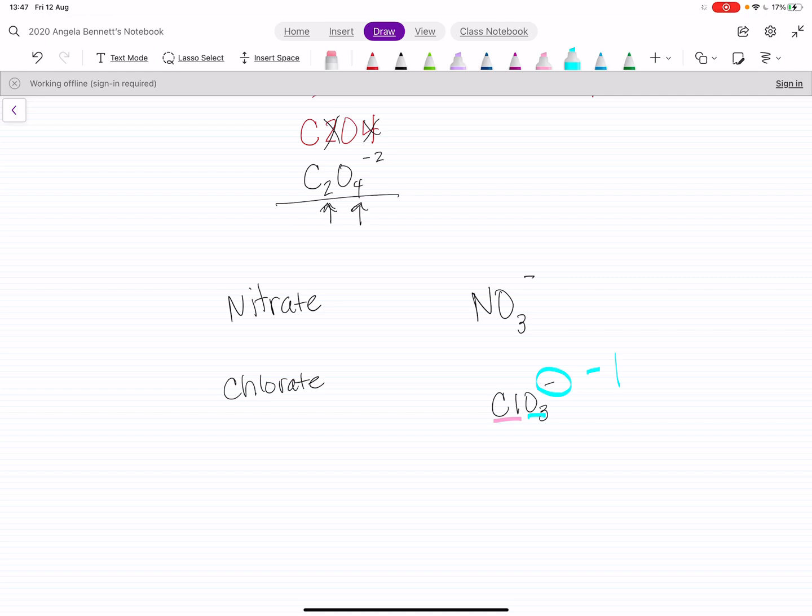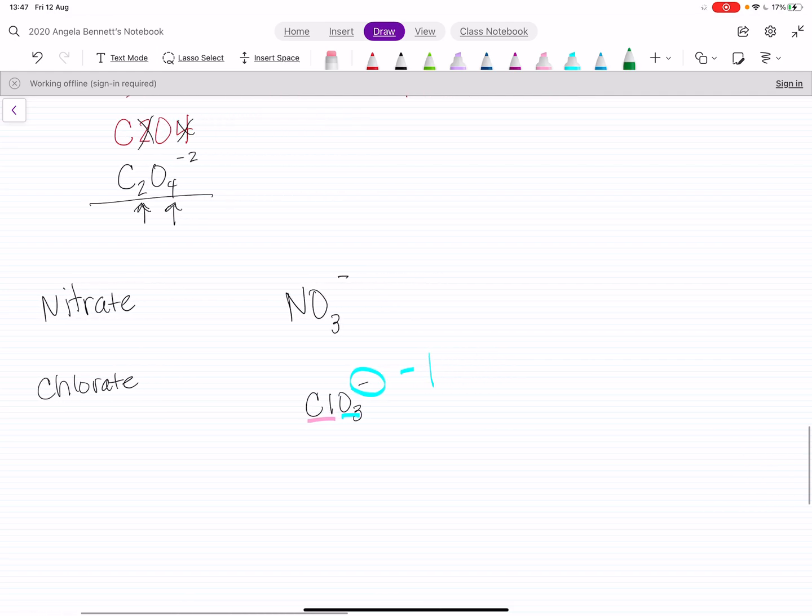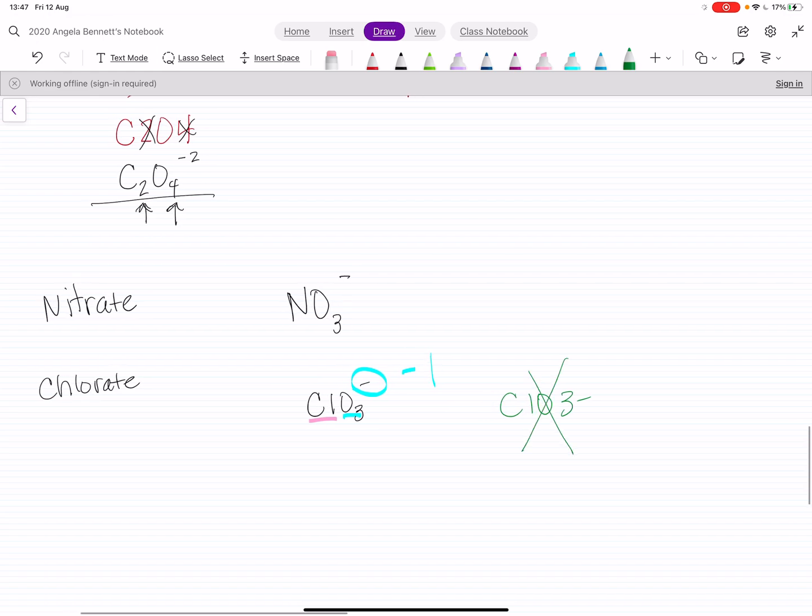So these are the things that you need to be real careful about how you're writing them. For example, I would have some kids just write something like this. Okay, that is not correct. So make sure the things that are written as subscripts are subscripts when you write them. The things that are written as superscripts, or your exponents, make sure that they are exactly as they are on the paper.